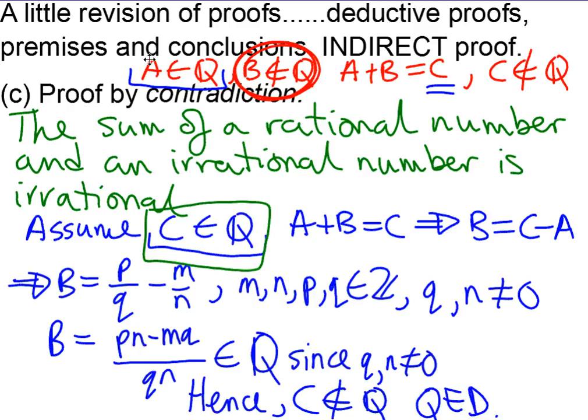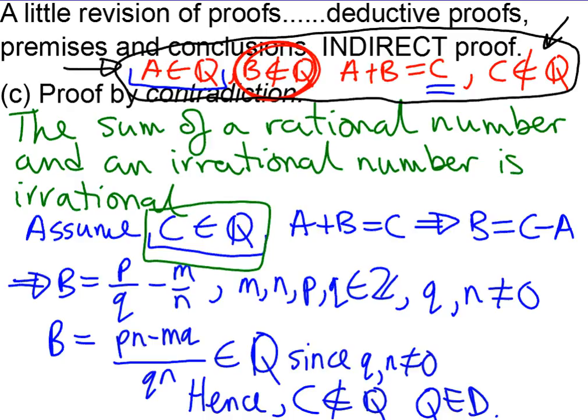So that's the final process. You begin with something you want to prove, this statement, and you make an assumption of the contrary. Instead of C being irrational, we assume, let's see what happens if it is rational. And we derive a contradiction.